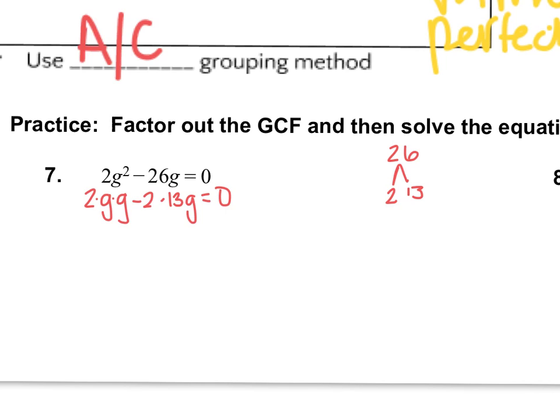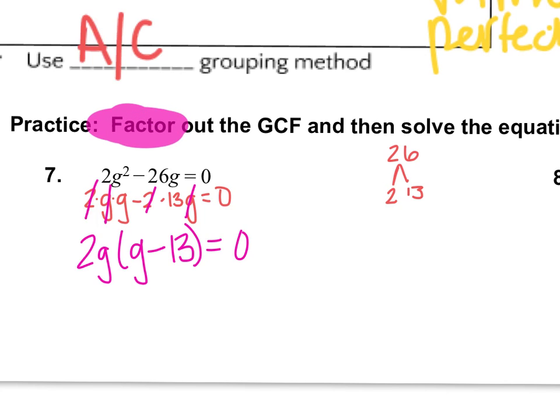So then I'm looking for what these pieces have in common. Notice both parts of this, 2gg and 2 times 13g, both have a 2 and a g. So I'm going to take out that 2 and that g from each of those, and I'm left with g minus 13, and it still equals 0. So what I've done so far is the factoring part.